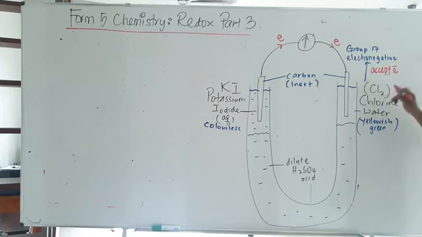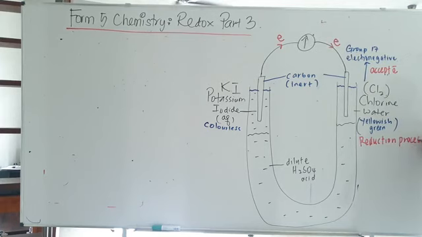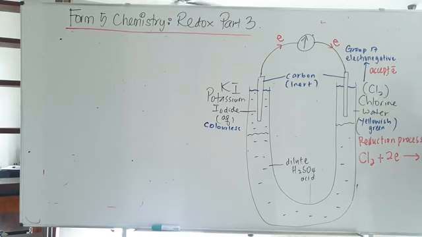Accept electron means, what process is this? That means this process is going to be a reduction process. In other words, the chlorine water is going to accept 2 electrons to become chloride. Can you see that? Reduction process, which means the charge from 0 has become -1.